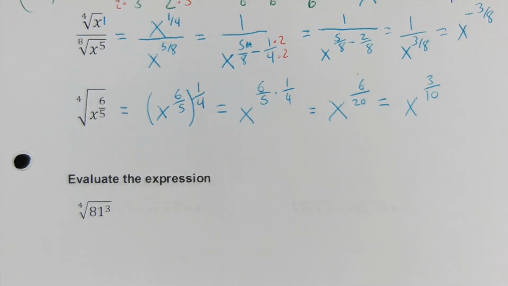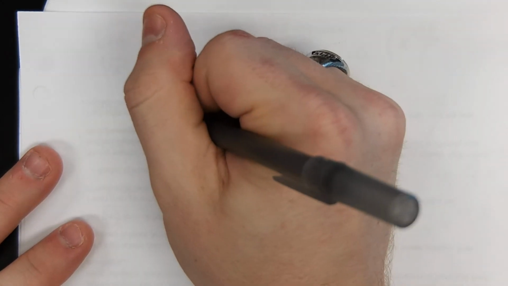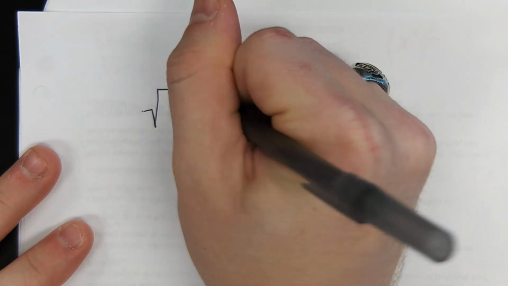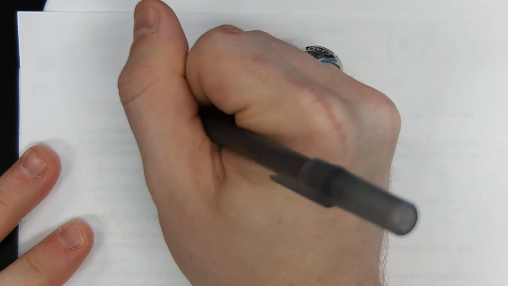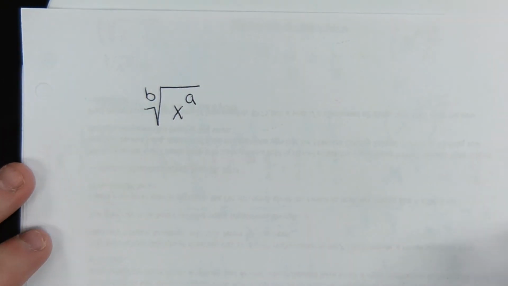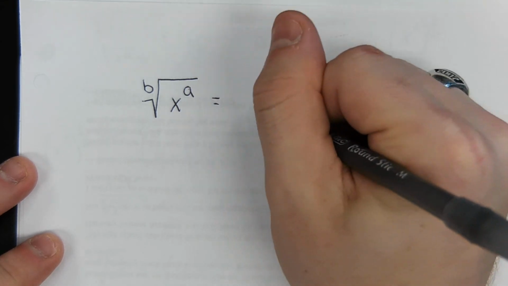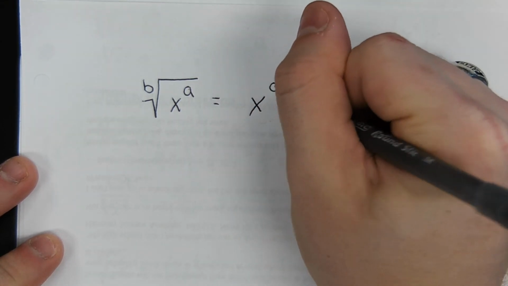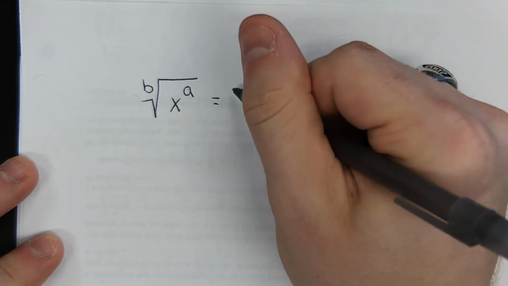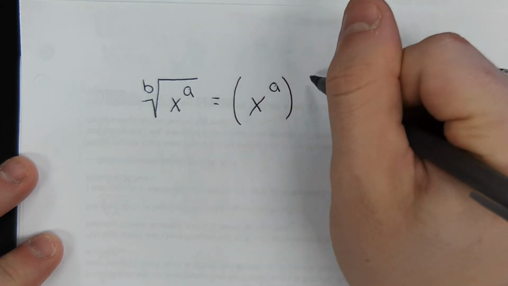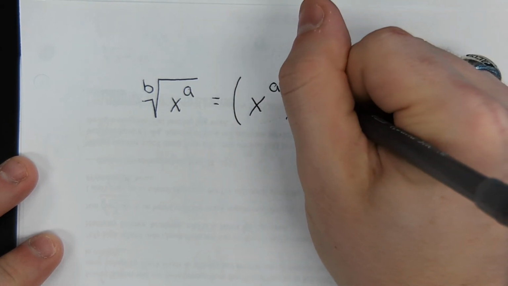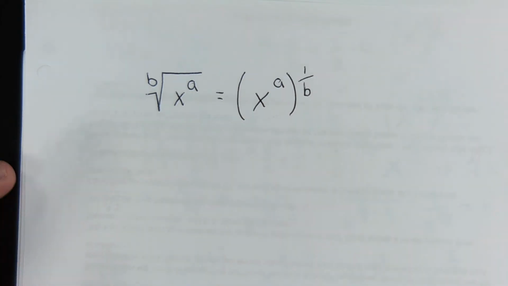So recap before I go on to evaluating things. I started the lesson, and you don't have to write this, I'm just showing you, I started the lesson with this setup. What I could have done was I could have showed you that this root type is a fractional exponent. Like that.